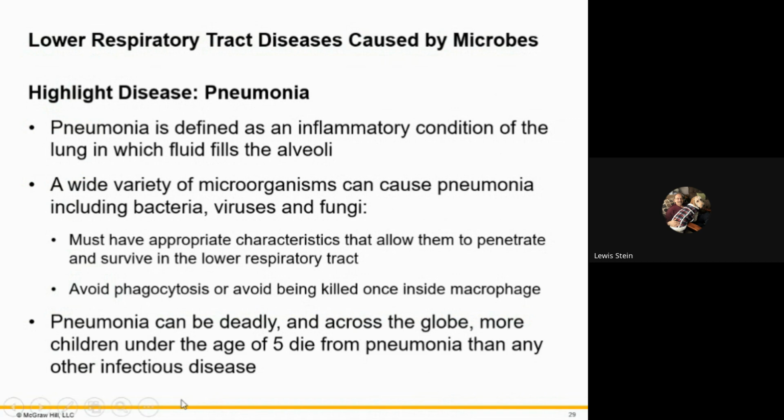And there's a whole bunch of things that cause it. Bacteria, viruses, and fungi must have some type of characteristic that allows them to survive there, and by and large, it goes to one word: capsule.